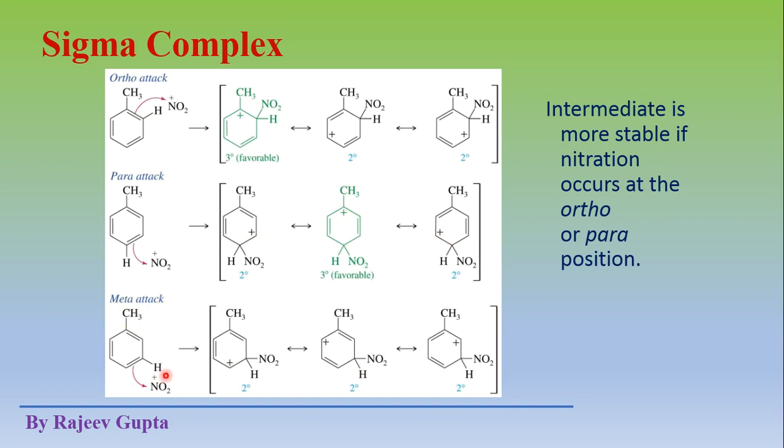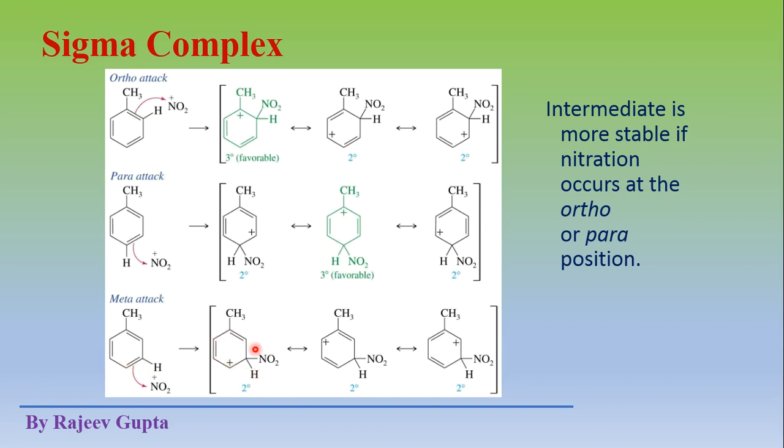Now see the meta attack. In this meta attack, the NO2 group is attached to this meta position and this positive charge comes on this para position first, as I showed here. These pi electrons are provided to this nitronium ion, and here this NO2 plus is attached to this meta position, and now this carbon becomes electron deficient and here the positive charge comes.